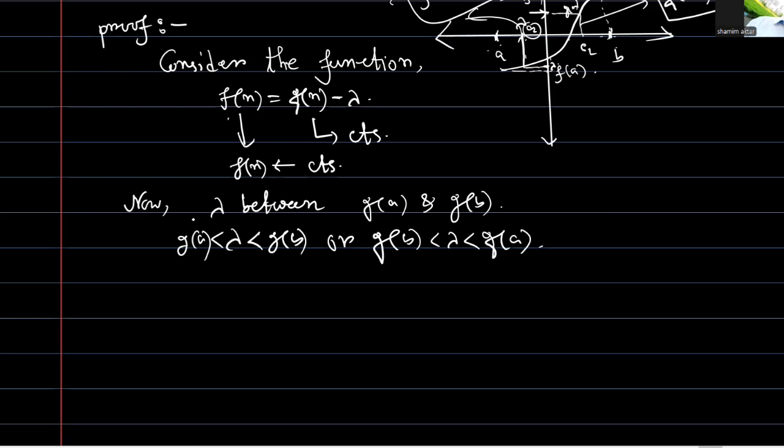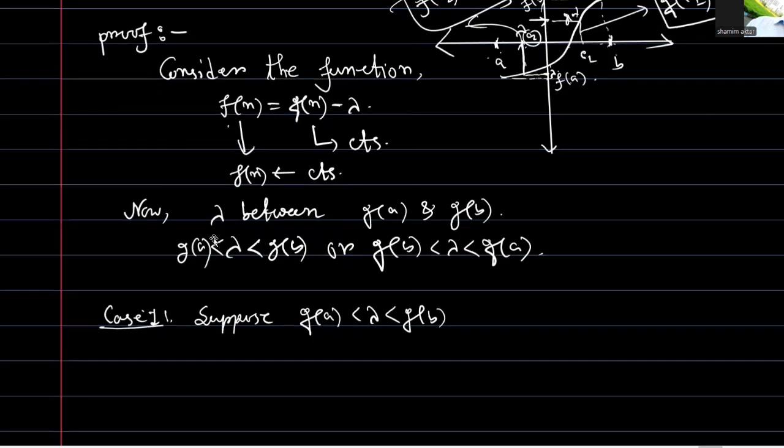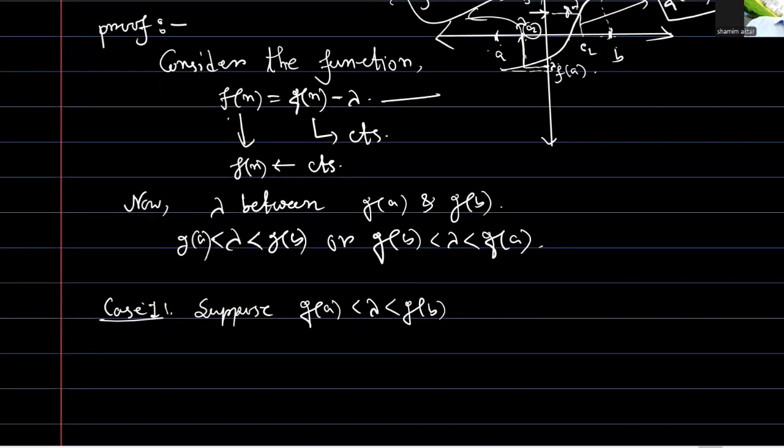Now case 1: suppose g of a less than lambda less than g of b. This is called equation number 1.